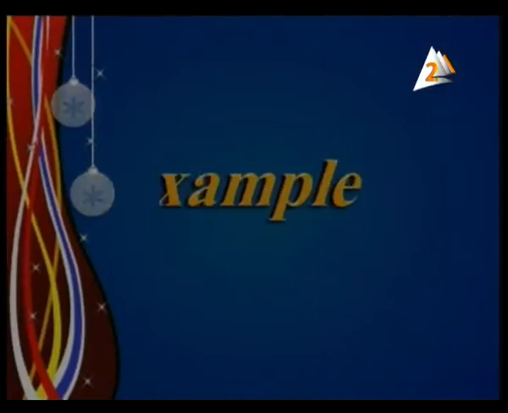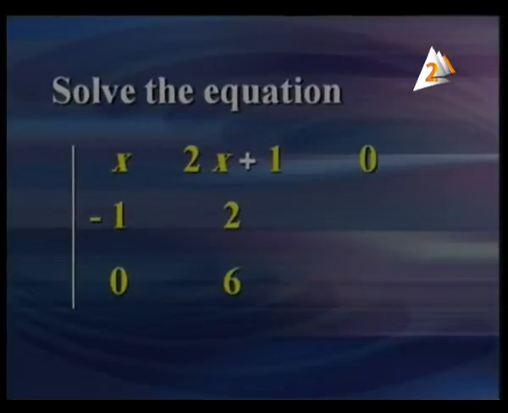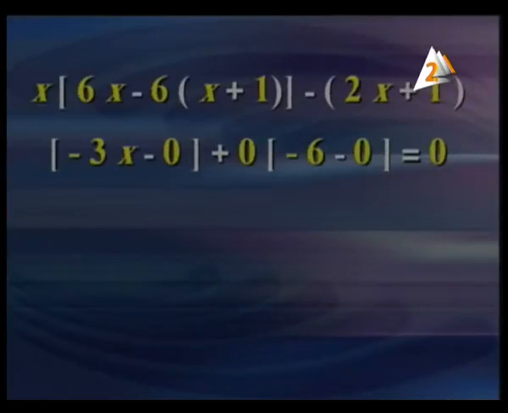Remember that, dear student. Look at the example. Solve the equation. What do you mean by solving the equation of a determinant? Find the value of x. Solution. We find the value of the determinant: x multiplied by 6x minus 6 multiplied by x plus 1, minus 2x plus 1 multiplied by the bracket negative 3x minus 0, plus 0 multiplied by negative 6 minus 0, equals 0.